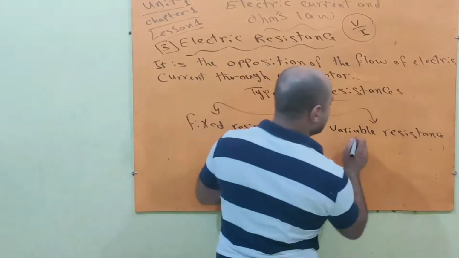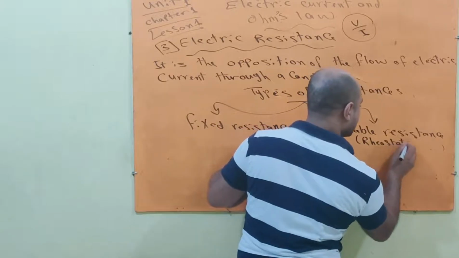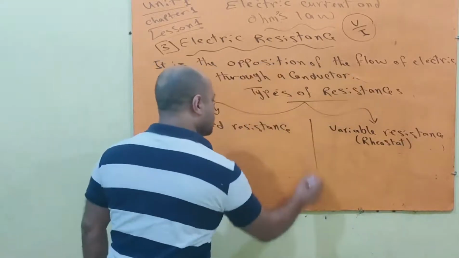Variable resistance, which is called resistivity. What is the difference between them?